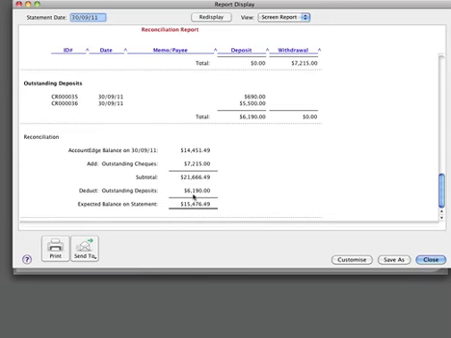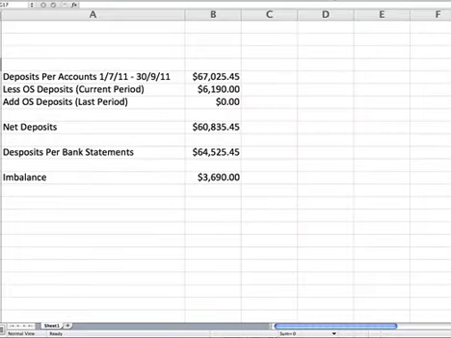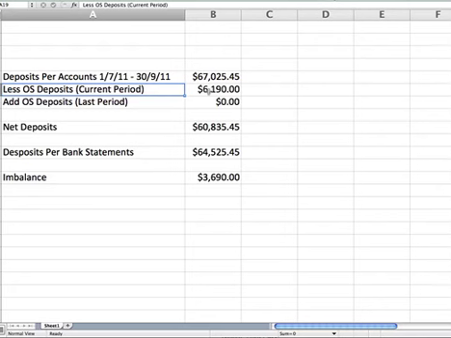So basically what you need to do is just analyse that information. We know the deposits per the accounts are $67,025.45. That's straight off our accounting information. We then need to subtract the outstanding deposits, which total 6190, because remember, they never went through to the bank.